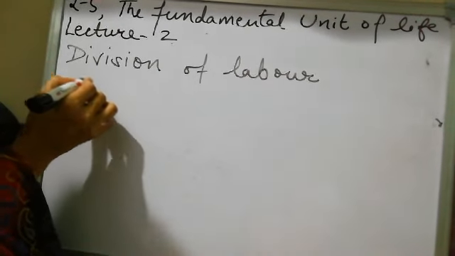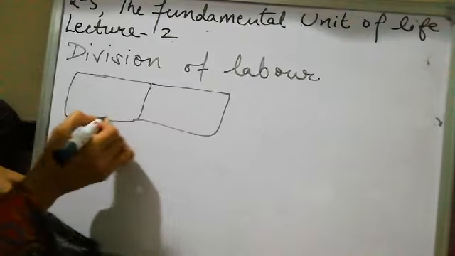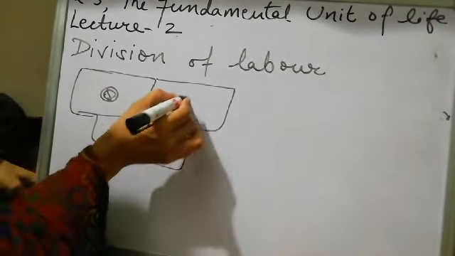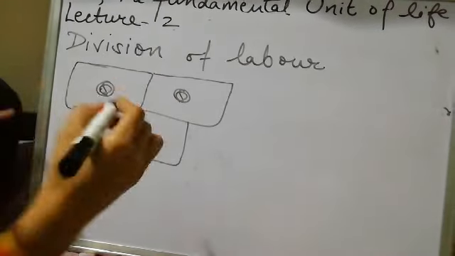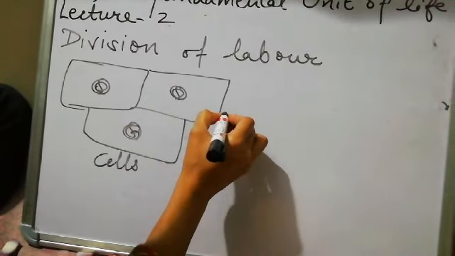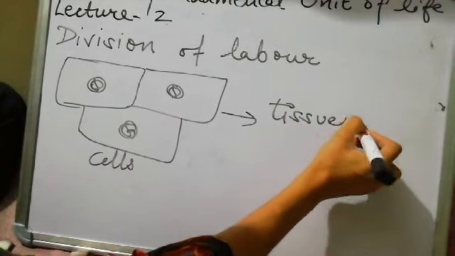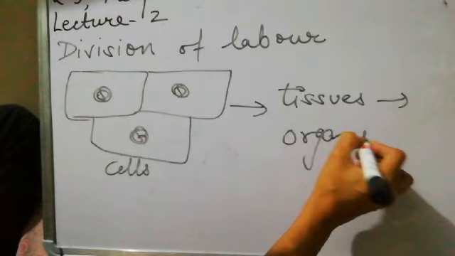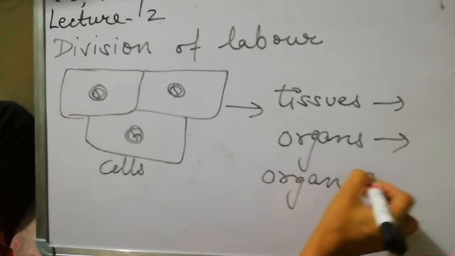But if we talk about a multicellular organism, which is composed of many cells, what happens in such organisms? Cells form tissues, tissues form organs, organs form organ systems.